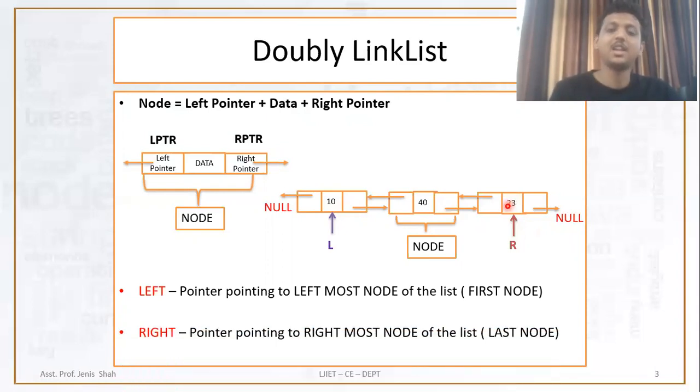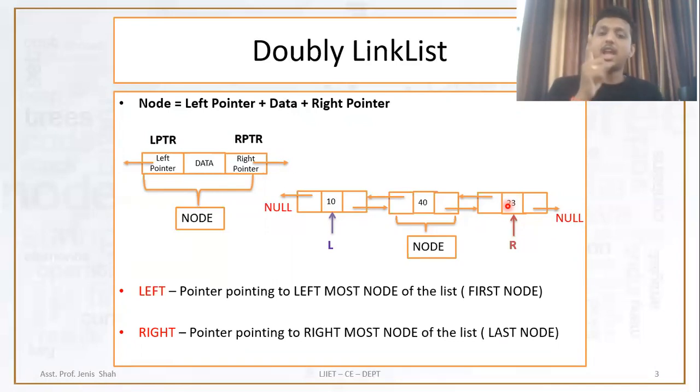So what you need to remember in a Doubly Linked List is that a node contains two different pointers, a left pointer and a right pointer, and in the middle is the data. That is a Doubly Linked List node.